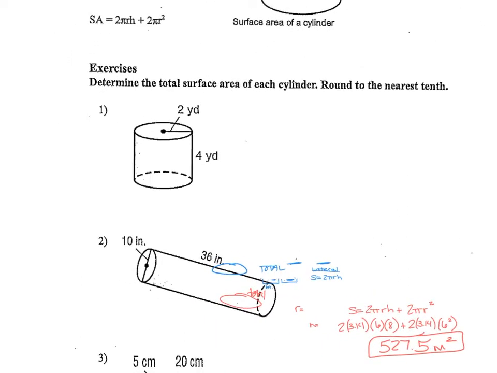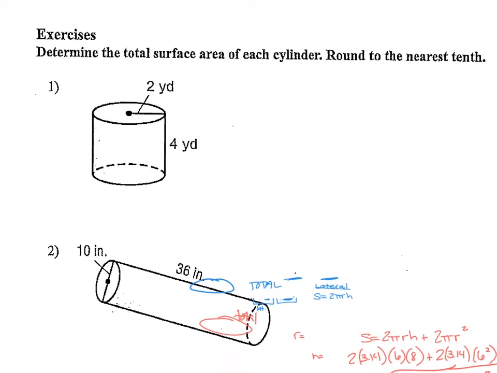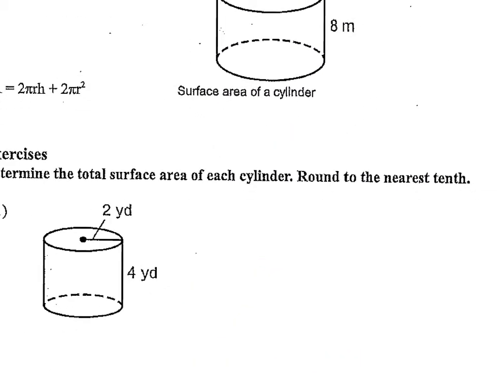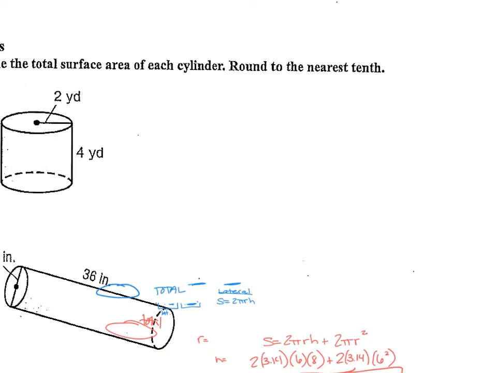Okay, so number 1 on these exercises. Determine the total surface area of each cylinder, round to the nearest tenth. Write the formula down. So surface area, 2 times 3.14 times the radius.